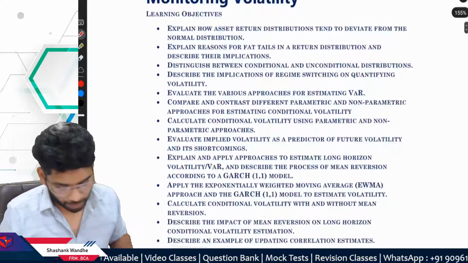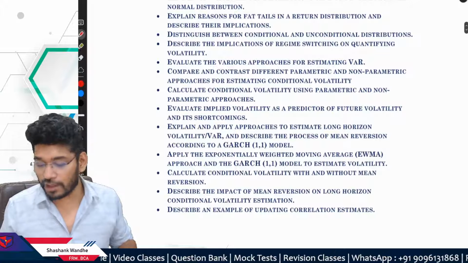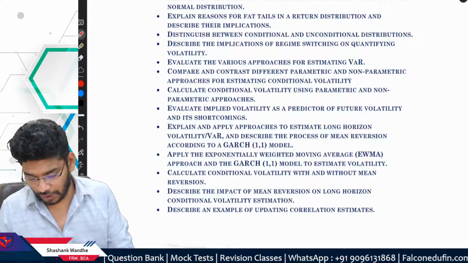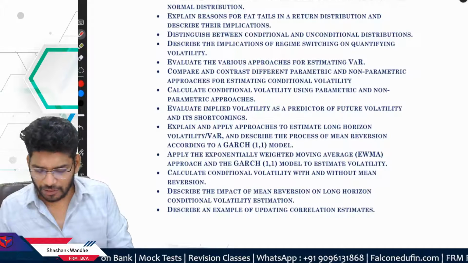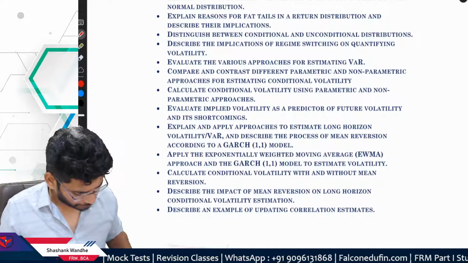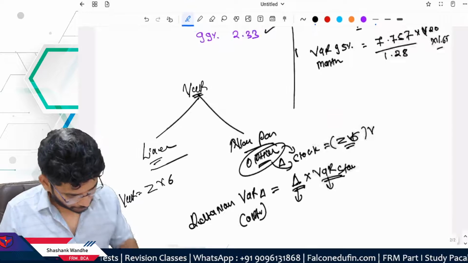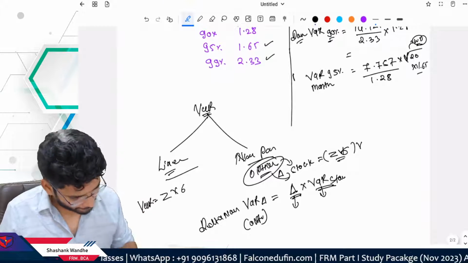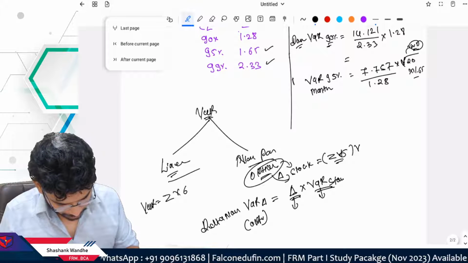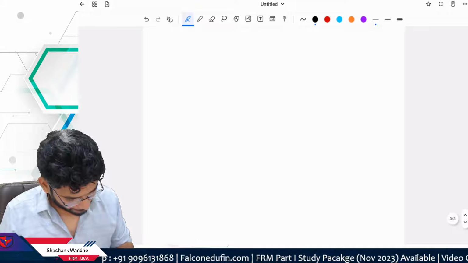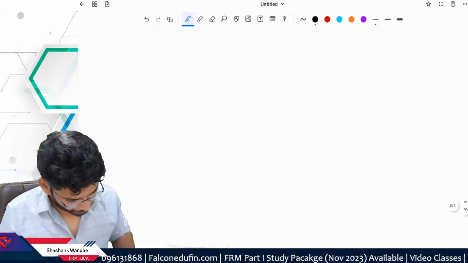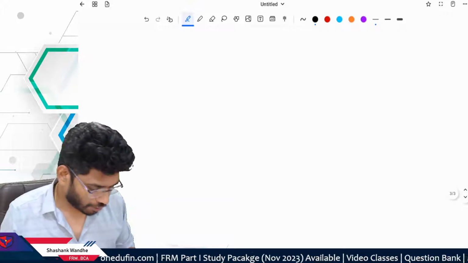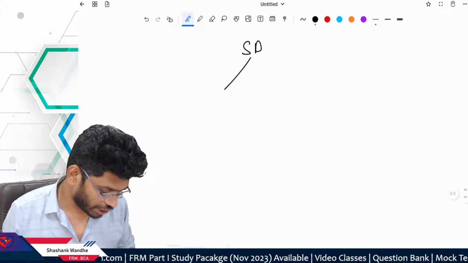Then we have the measuring and monitoring volatility. In measuring and monitoring volatility, the discussion starts with the calculation of standard deviation or the volatility using the basic formula, reading number 3.